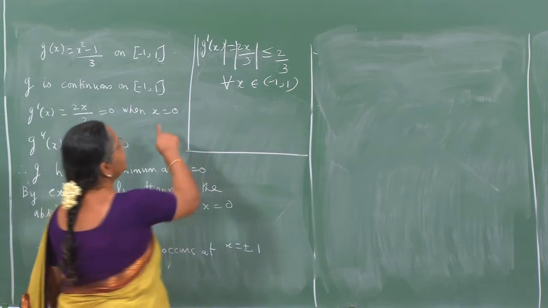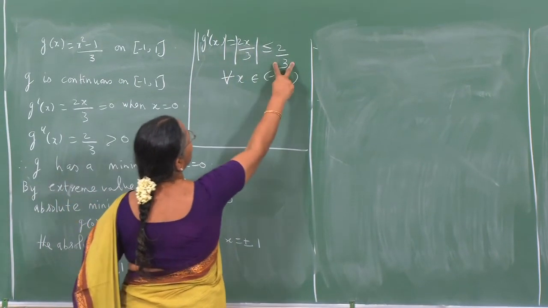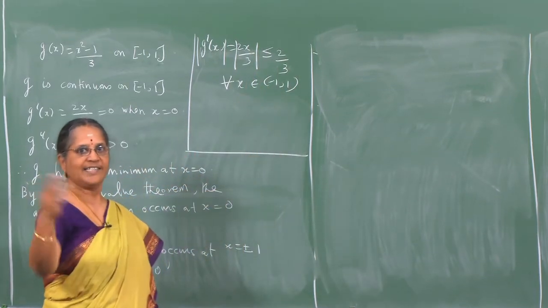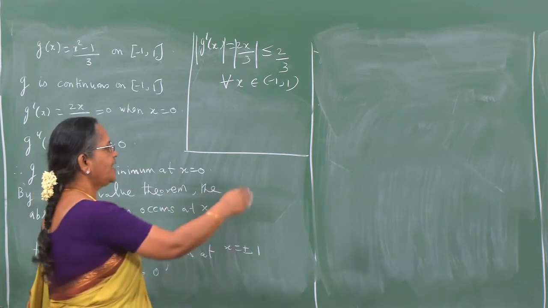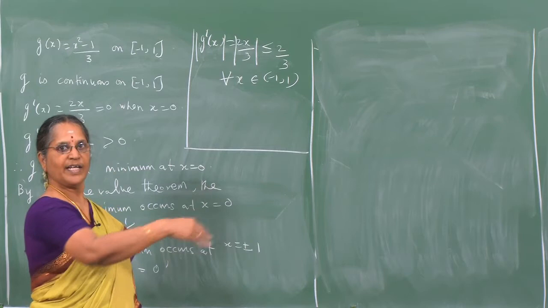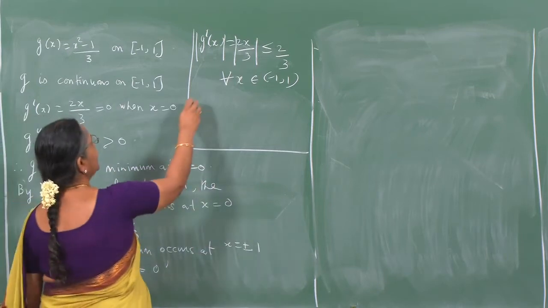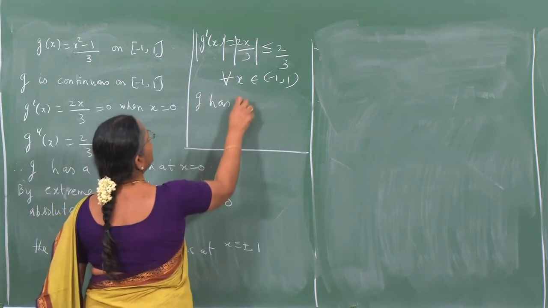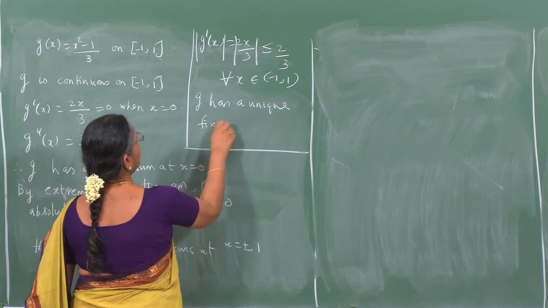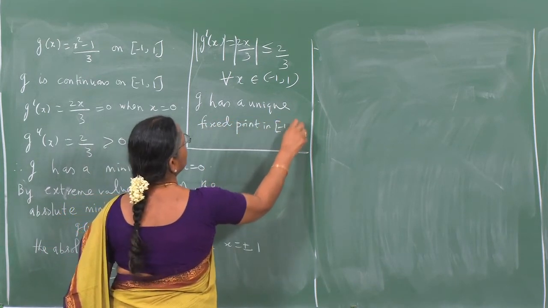So, there exists a k such that modulus of g dash of x is less than or equal to k, where k is 2 by 3, and this is strictly less than 1. So, the second part conditions are also satisfied by g, and therefore, g has a unique fixed point in the interval minus 1 to 1.